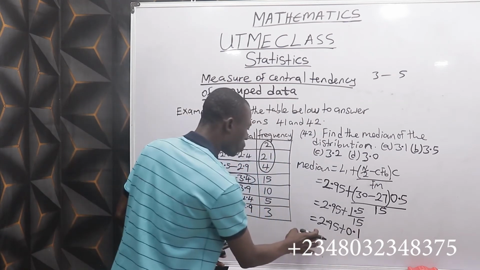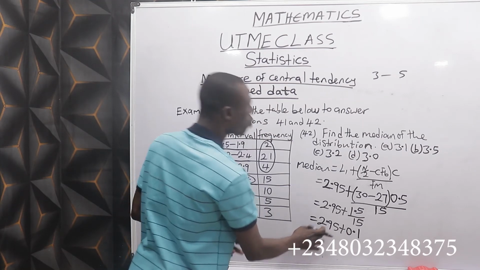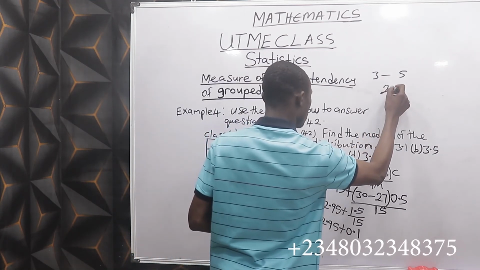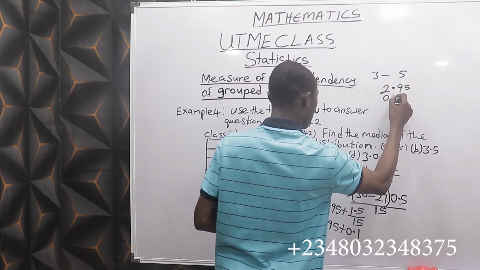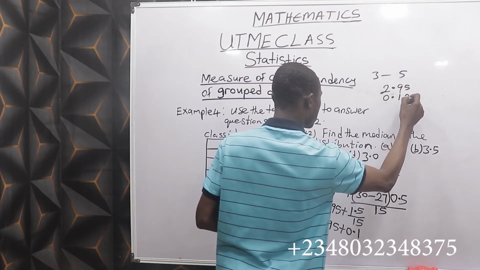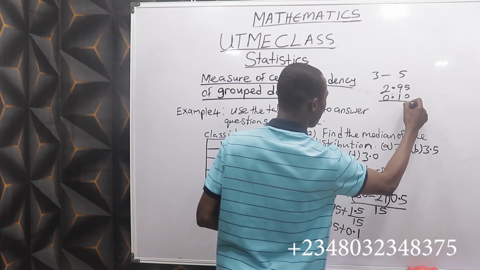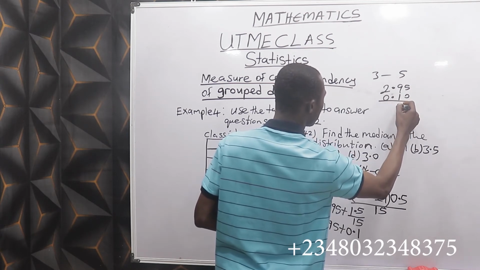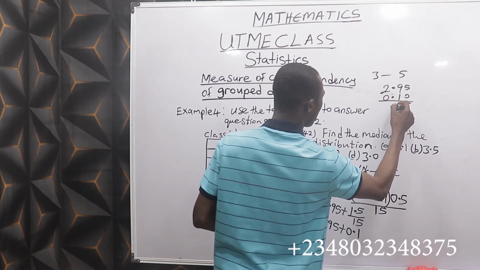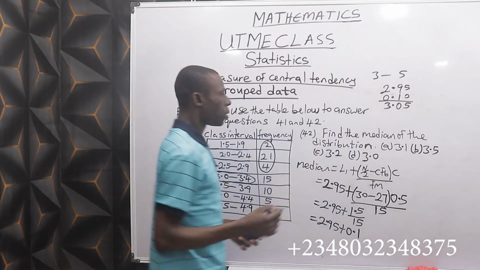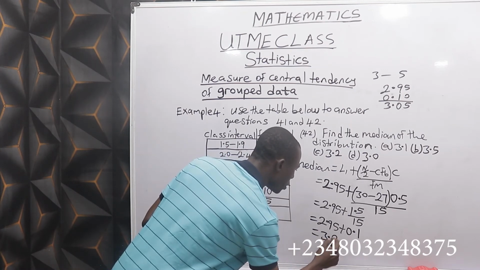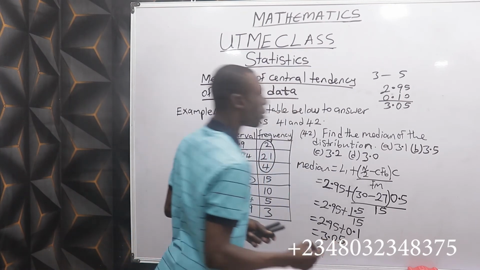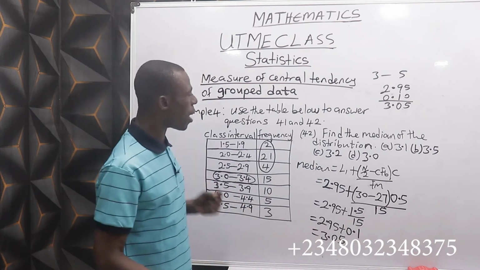So, add these together. This will be 2.95, 0.10, add this, you have 5, add this is 0.3. So it's going to be 3.05, yes. And that is our answer.